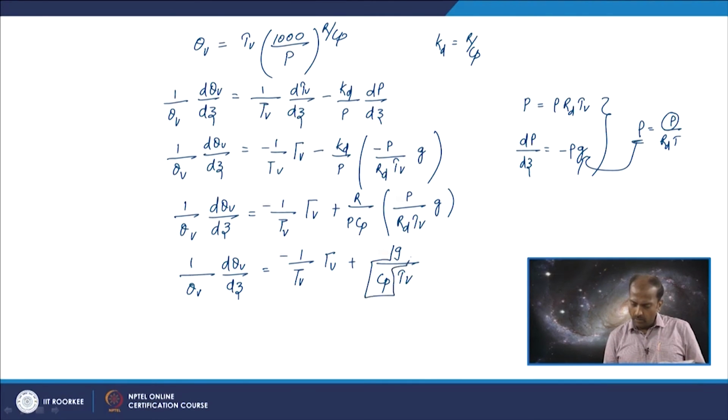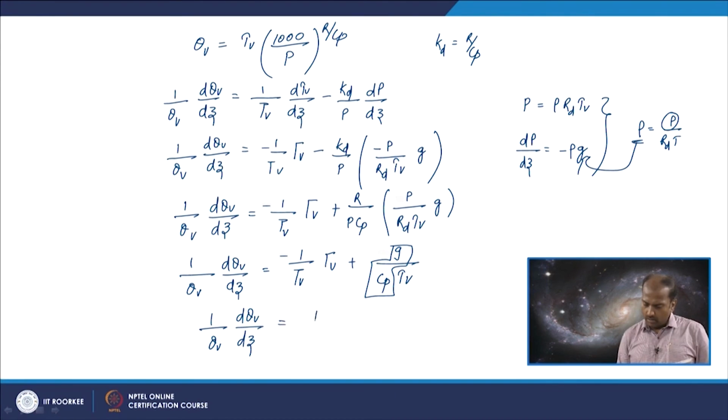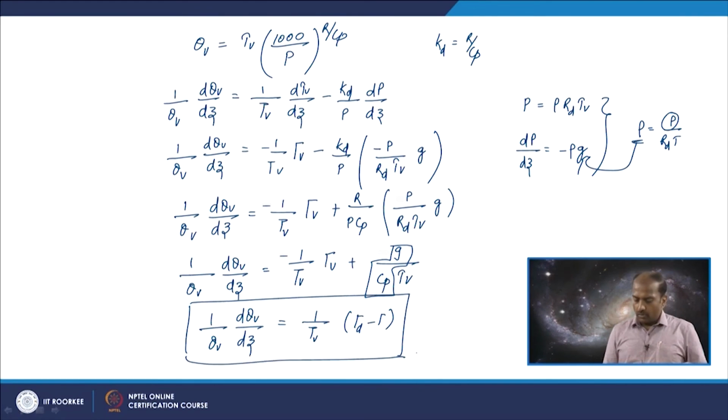So g by Cp is the dry adiabatic lapse rate, which gives 1 by theta v d theta v by dz is 1 by Tv times (gamma d minus gamma v). So now we have all the stability conditions defined in terms of the difference gamma d minus gamma v.